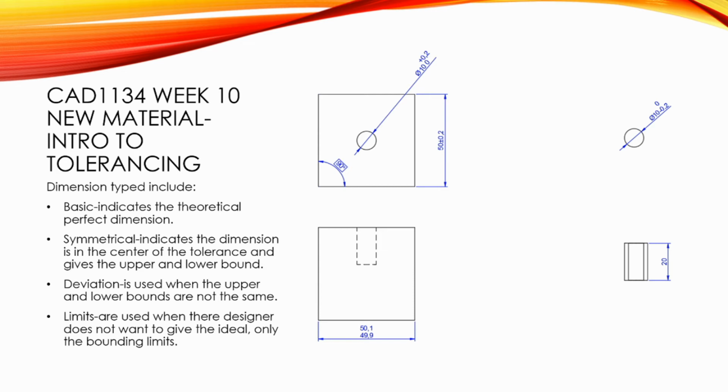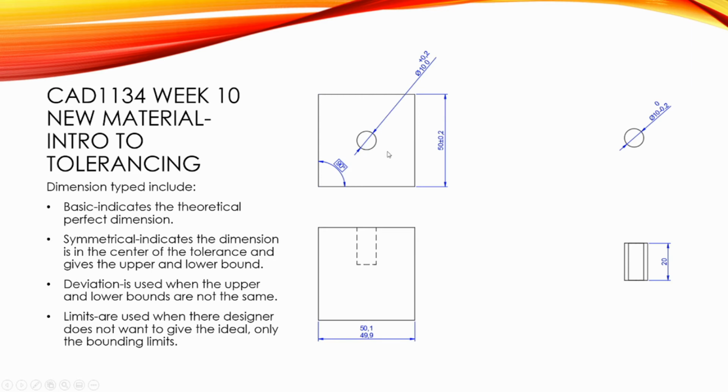For example, I have a block here and I have a pin. The block has some dimensions associated with it, and the pin has some dimensions associated with it. But I want this pin to always fit into the hole.